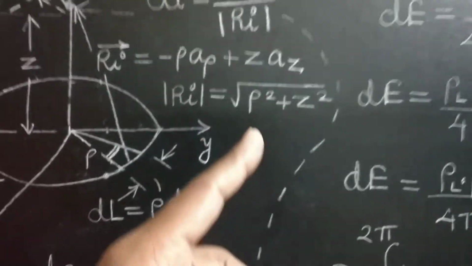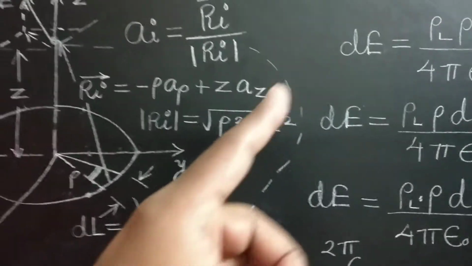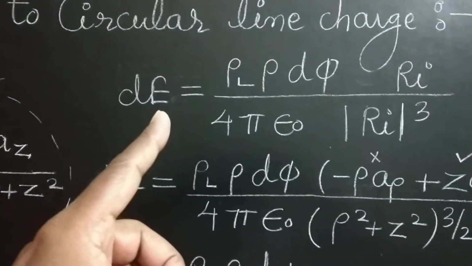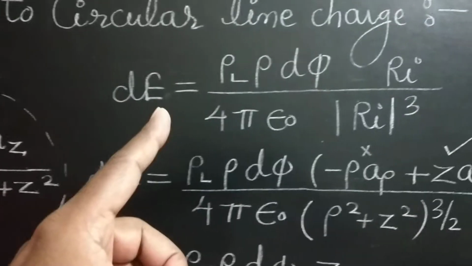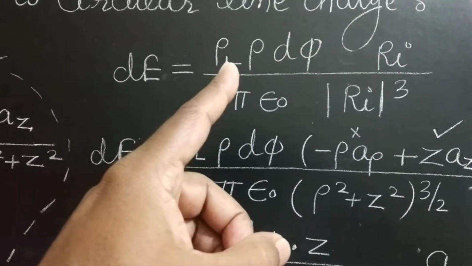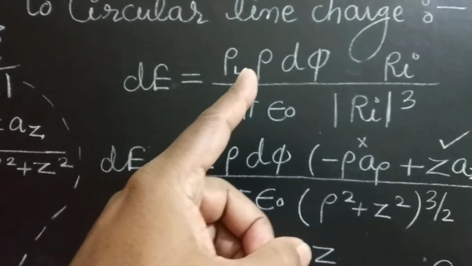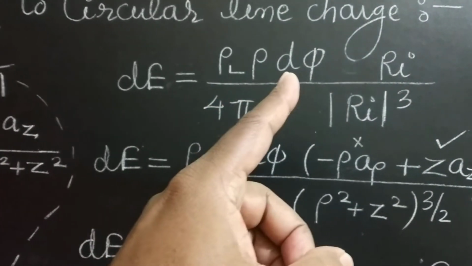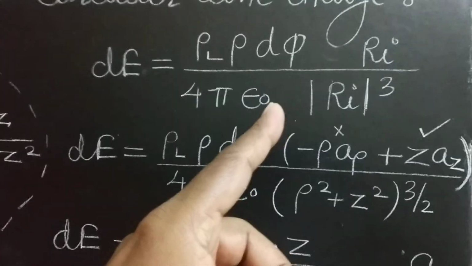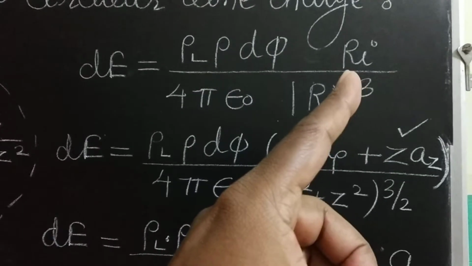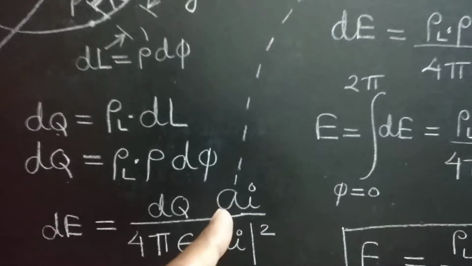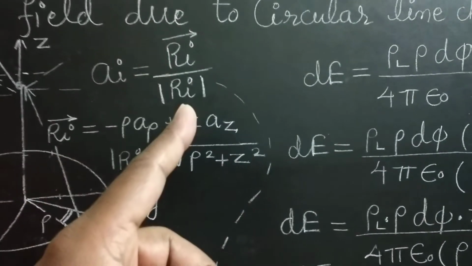Thus, for evaluating dE, the electric field intensity due to a small charge on the circular ring, we can write rho L into rho d phi, which is the charge, over 4 pi epsilon naught, and now in place of a i we can write Ri upon Ri magnitude.